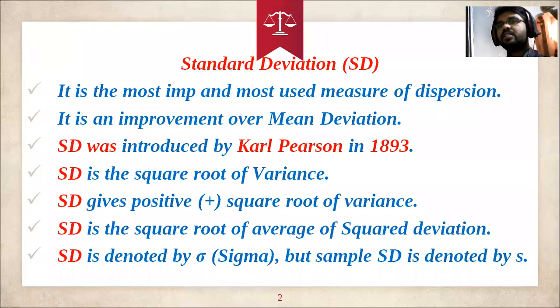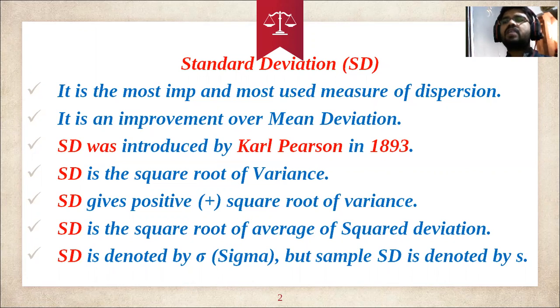The standard deviation is the square root of the average of squared deviations. Whatever deviation we get, x minus x bar, we square it, take the average, and put it under the root. That is the standard deviation, the square root of variance.